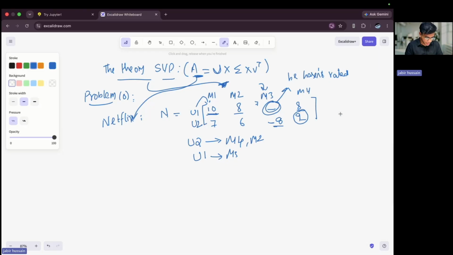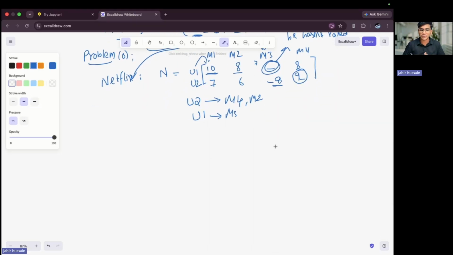Now let's talk about the method. Here we have understood how a matrix looks like and what the things involved in it are. Our goal is to find this empty bracket. The method is that we take our matrix and apply SVD. In the previous class we got sigma.